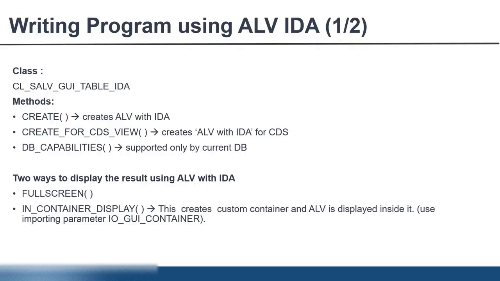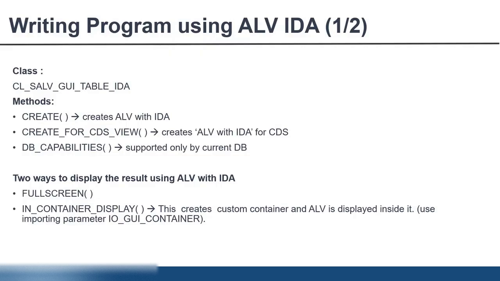The first method is the create method, which will help you to display the data from any database table. It may be a standard table or a custom table. One more good thing is that through ALV IDA, you can display the data from your CDS view or from an external view also. So if you want to display the data from your CDS view, here is the method create for CDS view. And there is another method, db_capabilities, which you can use for additional functionalities in ALV IDA.